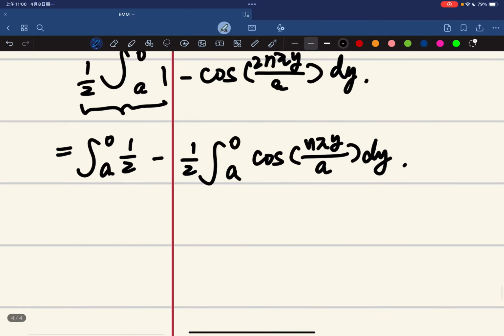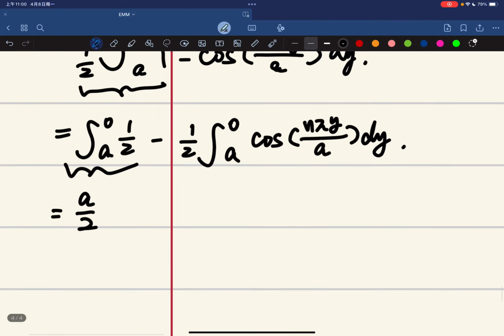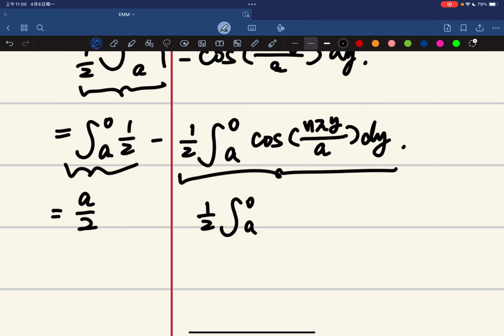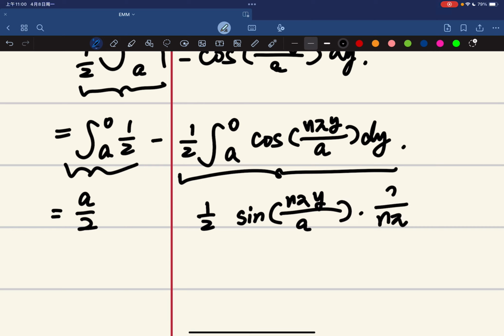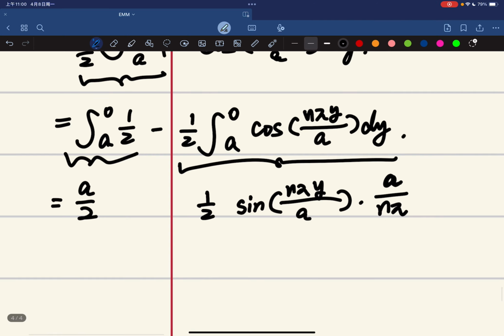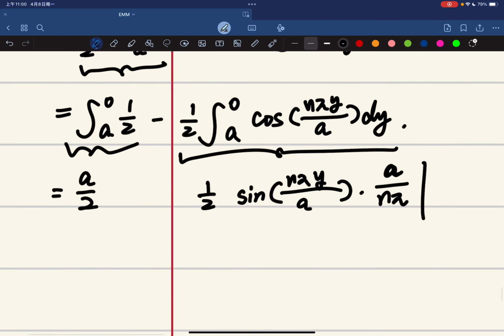And so this will become 2 over a. And what is this? Well, this will become sine, because the cosine's integration is sine, times the reciprocal of the constant inside, from 0 to a. Am I wrong?